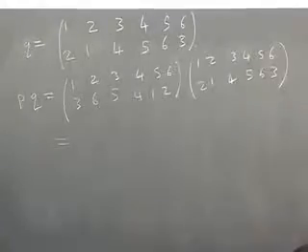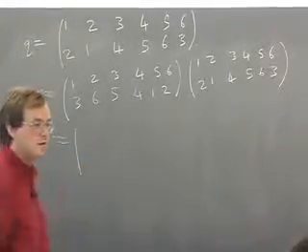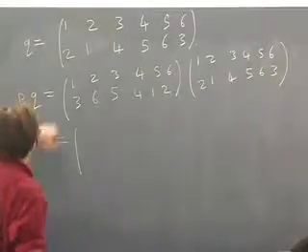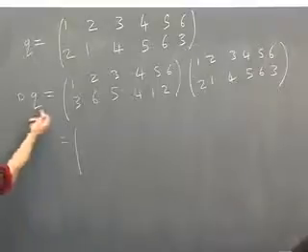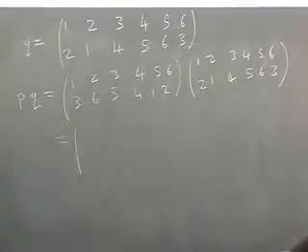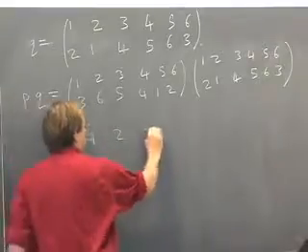Somebody's shaking their head. So, sorry? Right. What would happen to 1, because we're writing the action on the right? Again, I'm just going to write where.